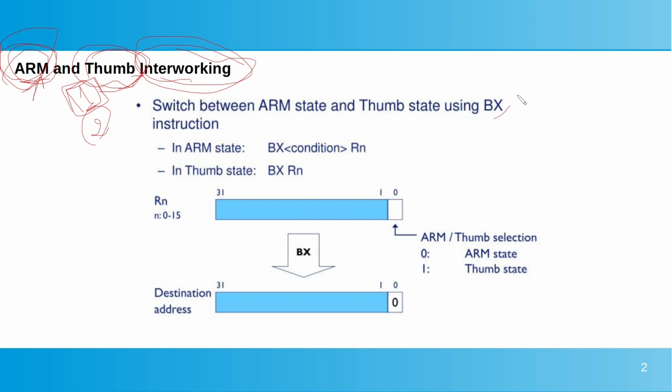One of those instructions is branch with exchange. In ARM state, we can use branch with exchange using basically this format. Hence, the destination address will be within this destination register, RN. However, if we are in thumb state, then we can use basically this format.